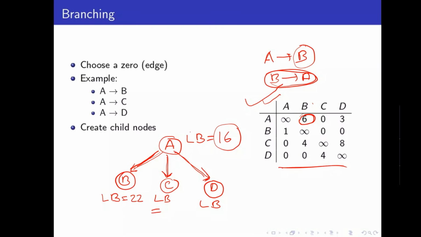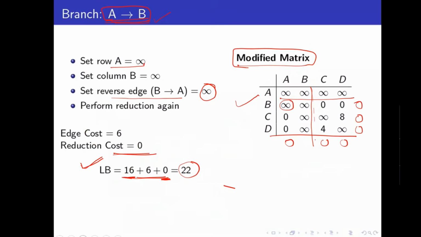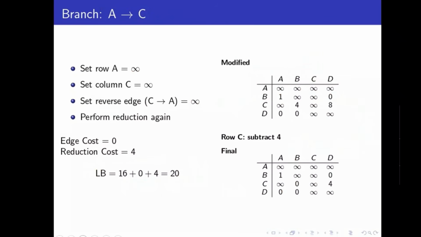Next we'll calculate lower bound for this also, A to C. Okay, same approach. We set row A as infinite, column C as infinite, C to A as infinite, remaining we copied from the parent and we get this matrix. Now let us try to reduce here.